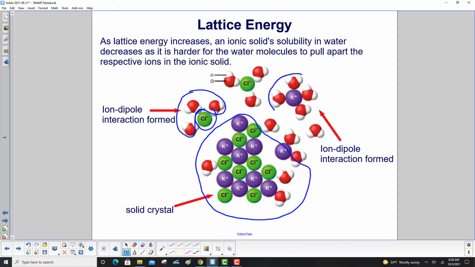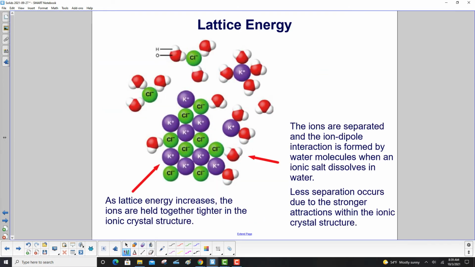Over here, we have 4 water molecules bonding to a potassium ion, again with an ion-dipole interaction. And let's see, hydrogen is white, oxygen is red, chlorine is green, and potassium is purple.